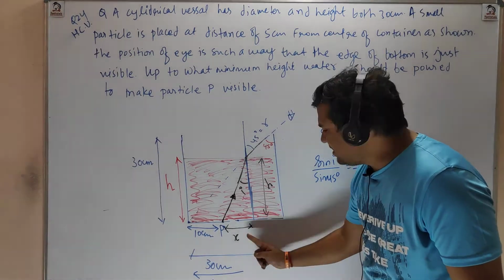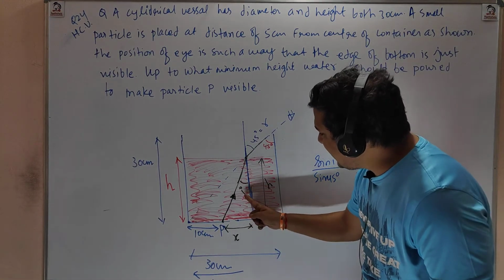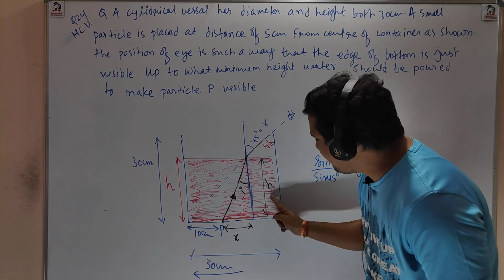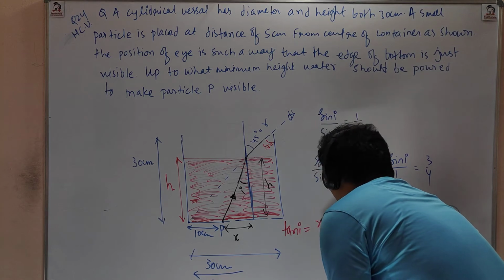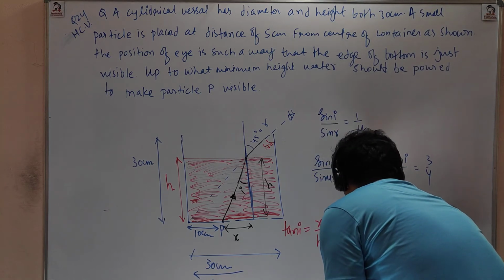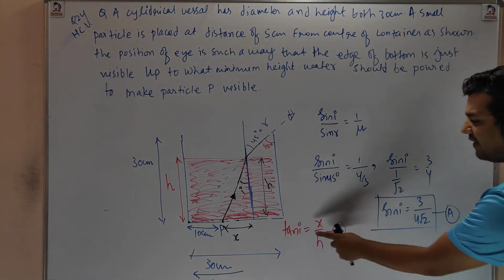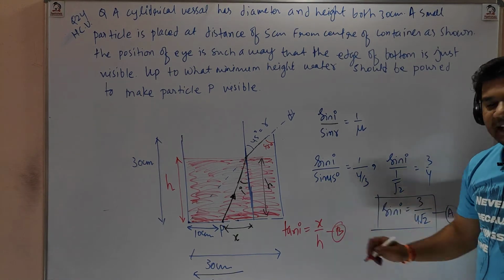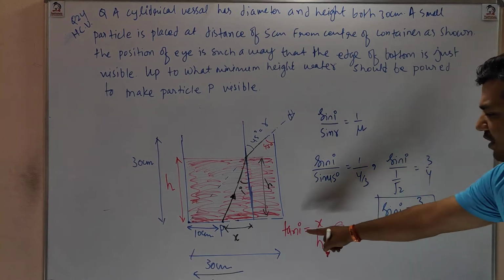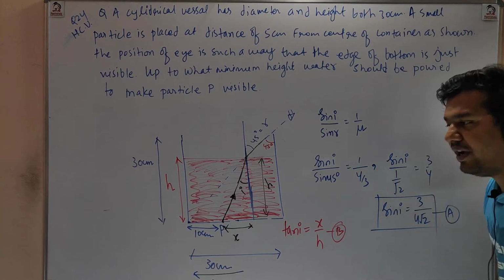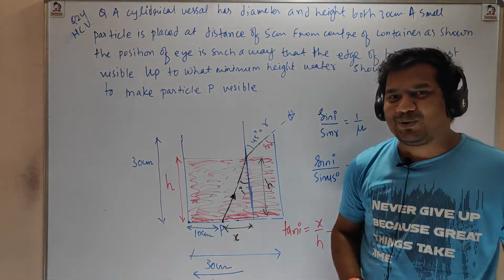We can use the value of this sin i and find a relationship between h and x, like tan i is equal to perpendicular upon base. We can write tan i is equal to x by h. And if you know the value of sin i, you can find the value of tan i. Very easy. The value of sin i is 3 by 4 root 2. Then the value of tan i. See, Rohit, yesterday you asked how to find this.